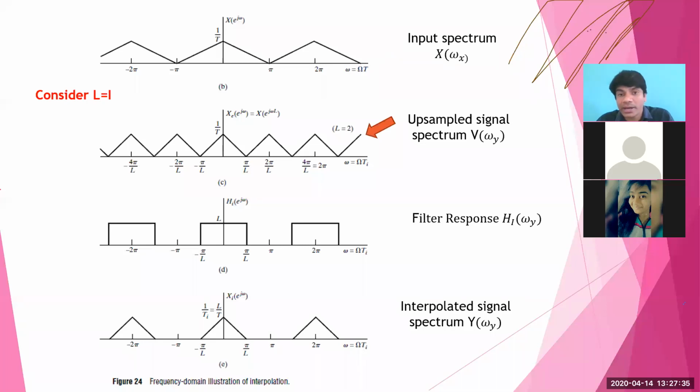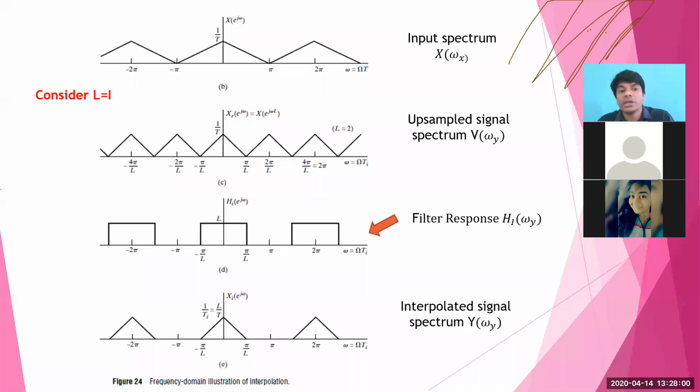As I told you earlier, you can see the number of spectral images has increased. Why? Because the upsampling process increases the spectral images in the frequency domain. But as you can see, I have the same copy of information multiple times, so I really don't want this many images.